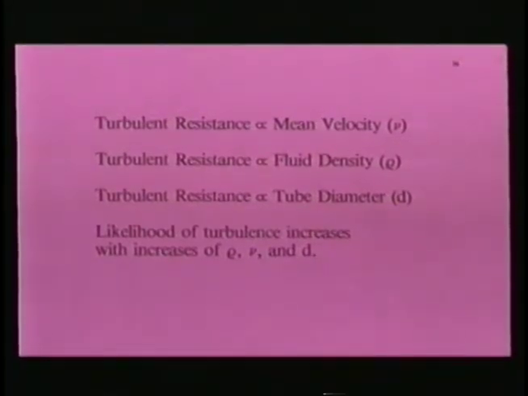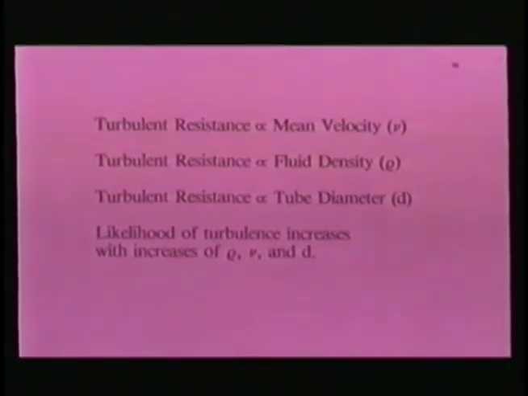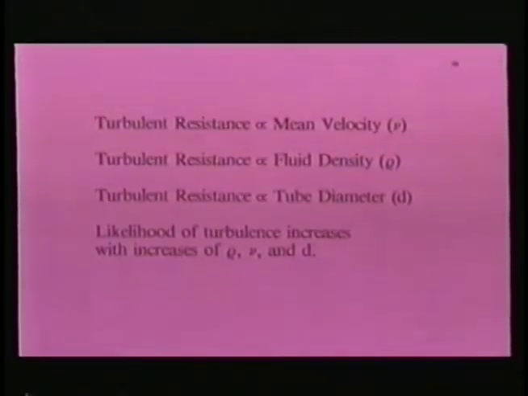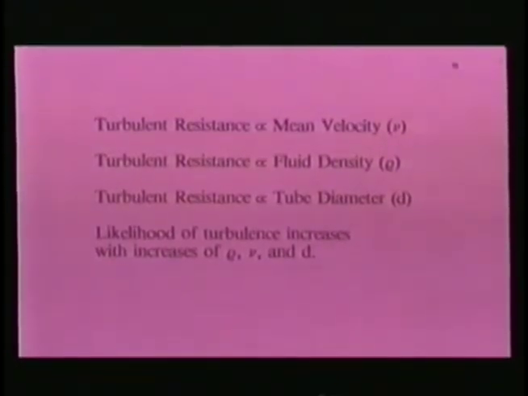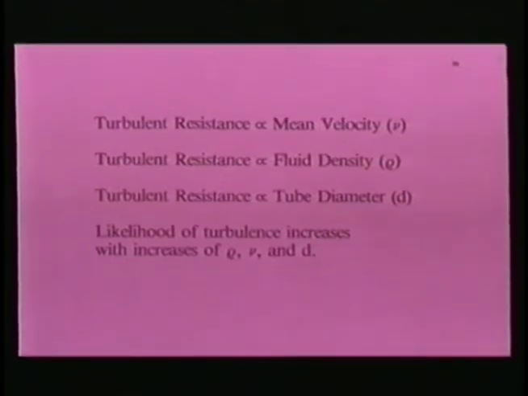And since disorderly flow develops more easily in an open space, an increase in tube diameter, d, tends to increase the likelihood of turbulence. In summary, increases in density, velocity, and/or tube diameter tend to increase the likelihood of turbulent flow and increase turbulent resistance.